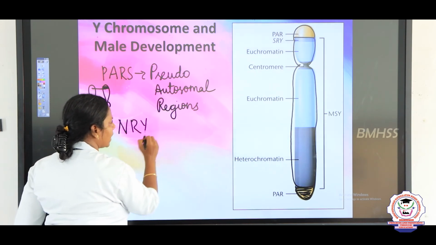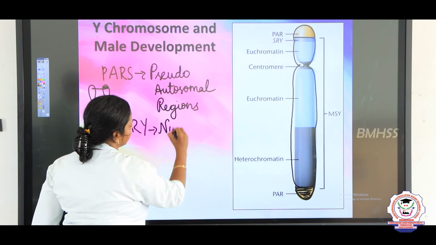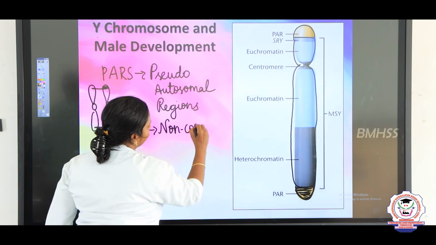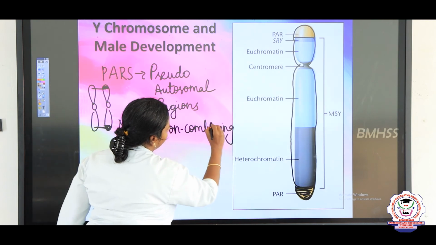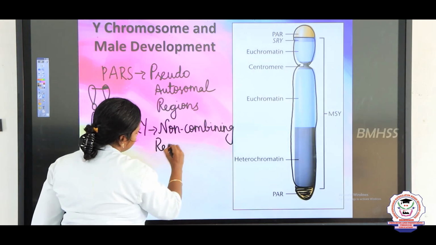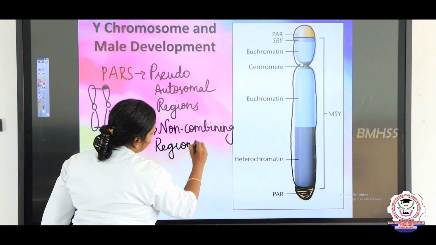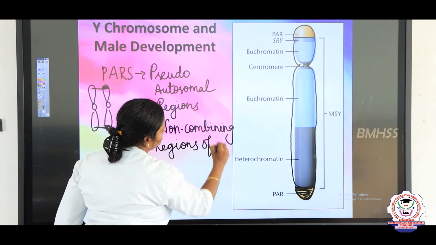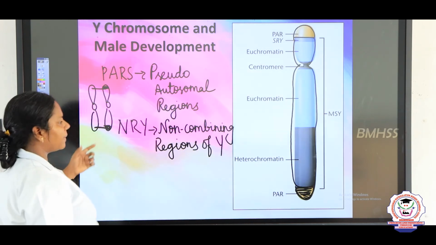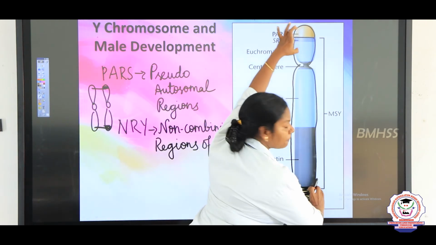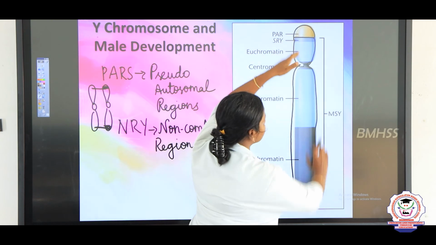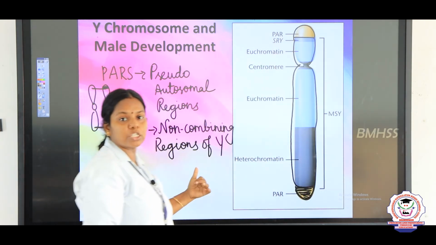What is NRY? Non-combining regions of Y. So, at the tips are PARs, pseudoautosomal regions, and the remaining is the non-combining region of Y.